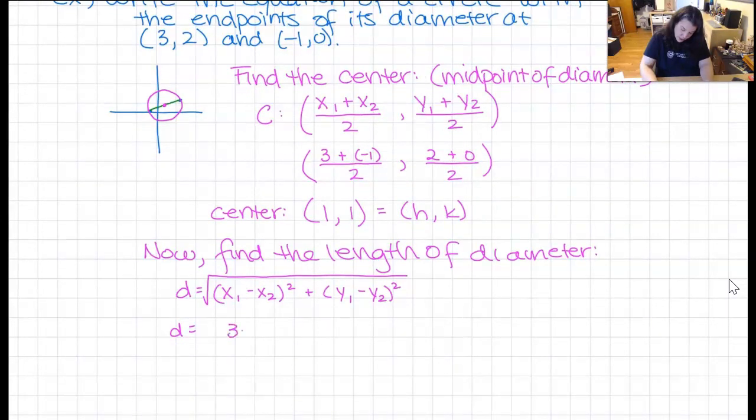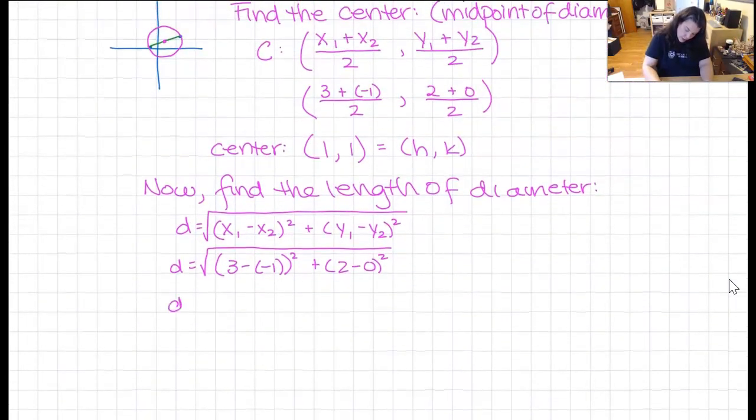I've got (3 minus negative 1) squared, there's my x-coordinates, and (2 minus 0) squared, there's my y-coordinates. So then I'm going to have 4 squared plus 2 squared, all under a square root. So that's 16 plus 4, I get the square root of 20.